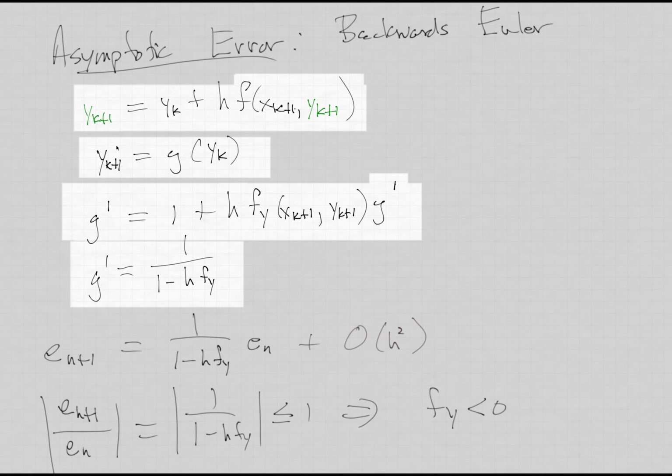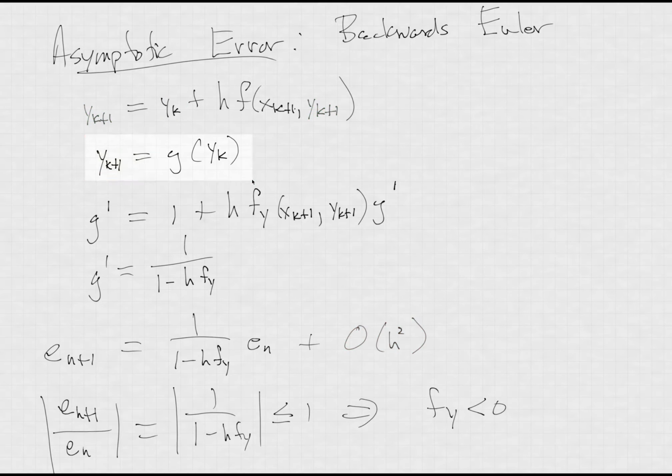Well, what we do is, essentially, we're going to think of it in terms of this equation. y sub k plus 1 is a function of y sub k. A small error in y sub k will produce a corresponding propagated error in y sub k plus 1, and that error is approximately equal to the derivative g prime times the error in y sub k.